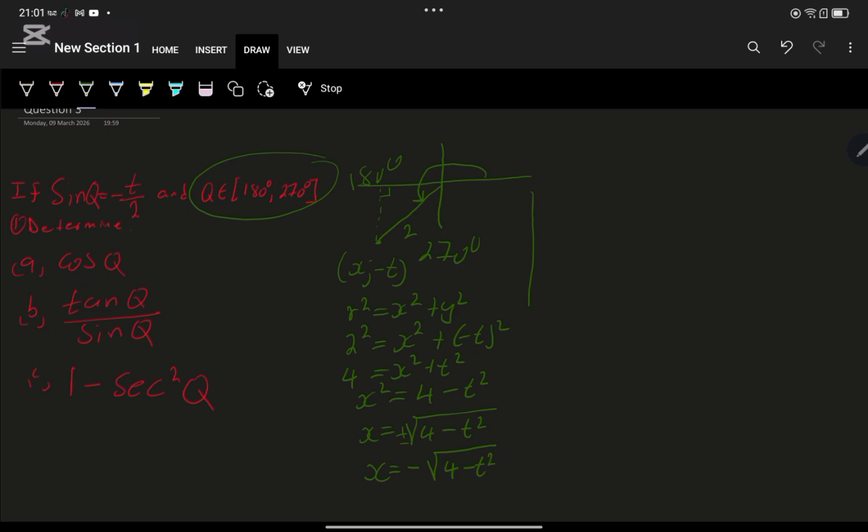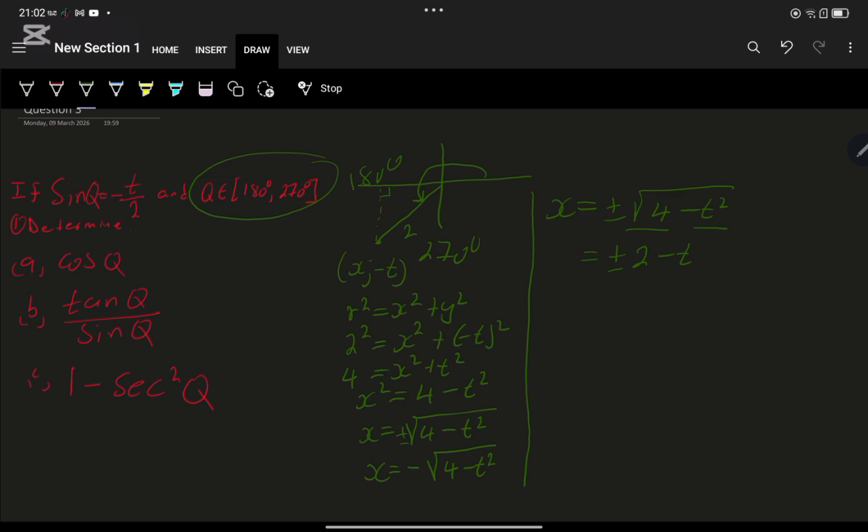Now before we go any further, let us also look at a common error that is made by learners around this. When learners get a solution like this, which says x is equal to plus or minus the square root of 4 minus t squared, they have a tendency of expressing this as plus or minus 2 minus t, meaning they took the square root of 4 and the square root of t squared.